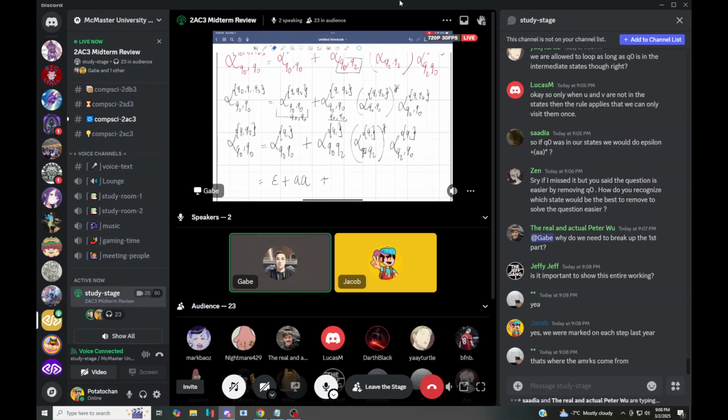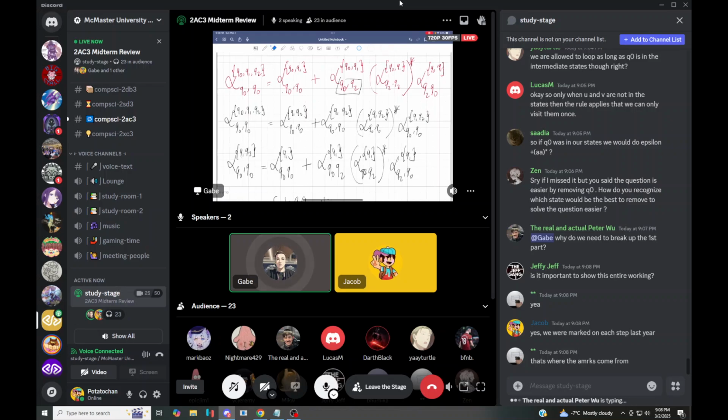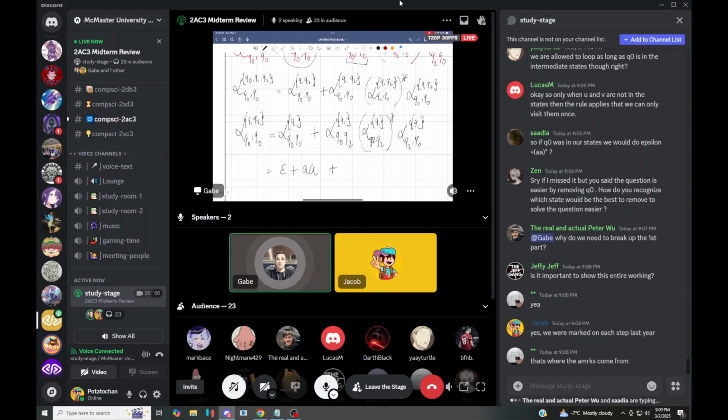Whereas if you remove Q2, you'll end up coming up with different terms, because you go from start to finish without passing through Q2, or you pass through Q2. But if your start and final state is the same, then passing through it doesn't change anything. So that's why over here, it's Q0, Q0, Q0, Q0, and they're all the same term. So you only have to do it once.